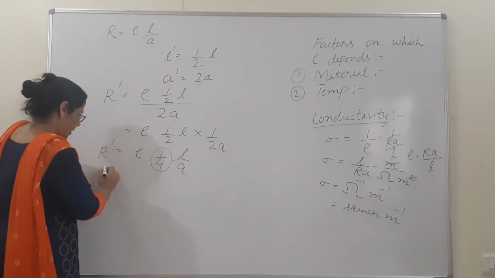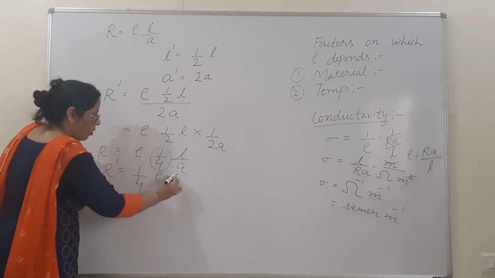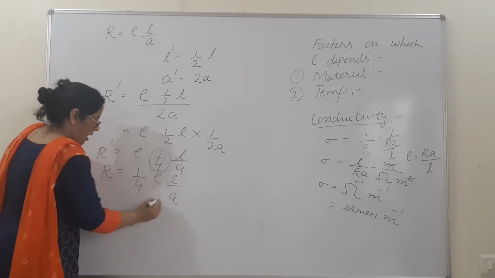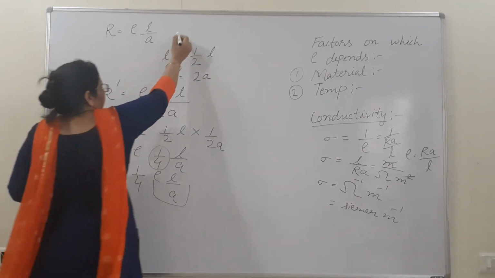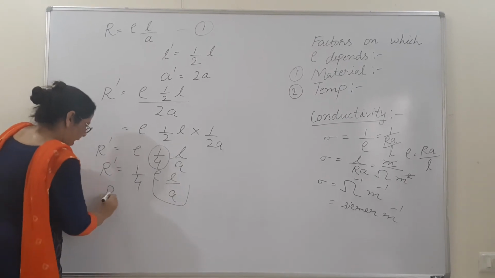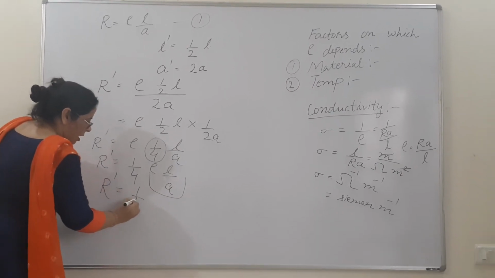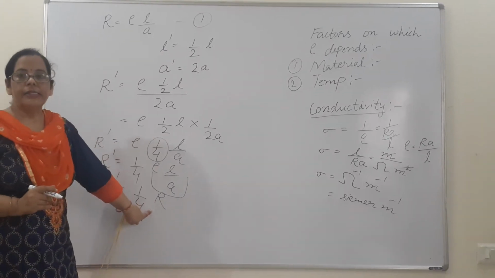So R dash is equal to 1 by 4 rho L by A. Now what is this rho L by A? Name it as R. So R dash, the new resistance, will become 1/4 of its initial resistance.